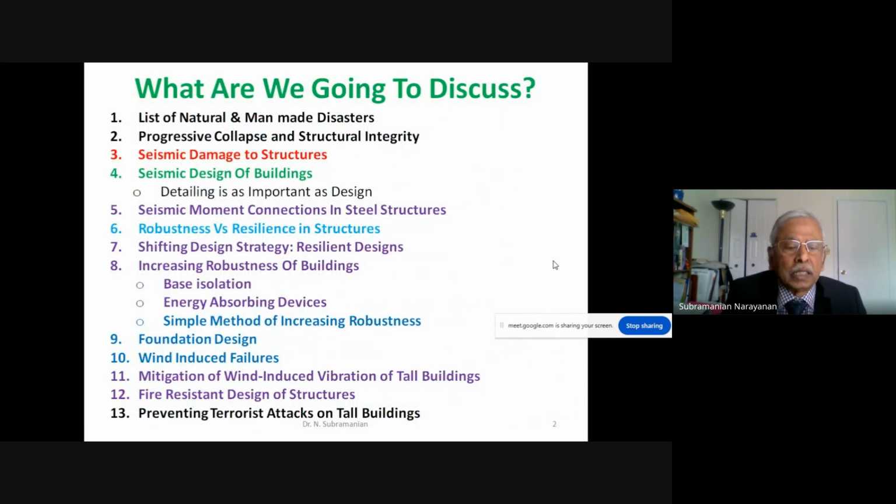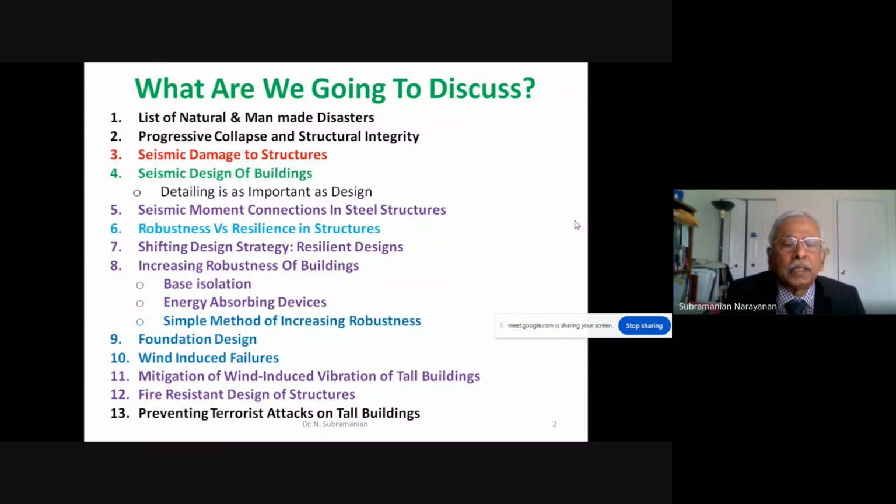I have given 13 points, and some of the points I will leave if the time is not more than 1 hour 30 minutes. First, I will briefly list the natural and man-made disasters, and then we will talk about progressive collapse and structural integrity, and then seismic damage to structures and seismic design of buildings. And in that, detailing is as important as design.